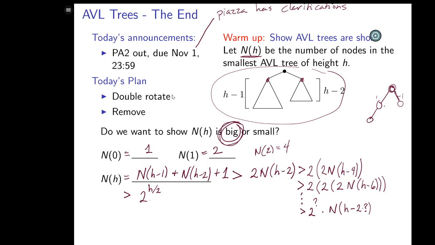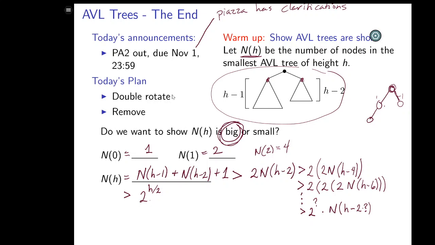I think you want to go up. If you look at the base case, for example, it may indicate that. Anyway, it doesn't matter. We'll just stick with h over 2. I think it's the ceiling of h over 2, but who cares, because 2 to the ceiling of h over 2 is bigger than 2 to the h over 2, so we're okay.